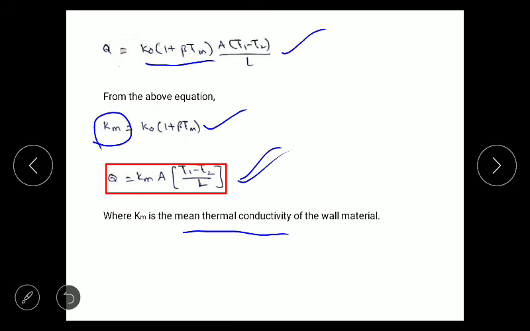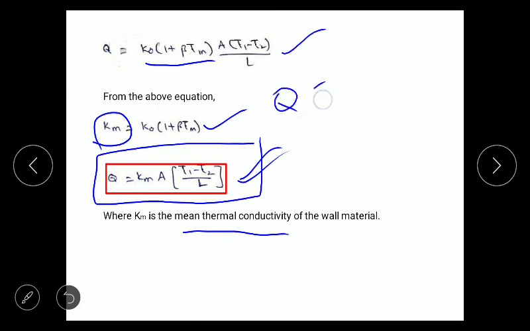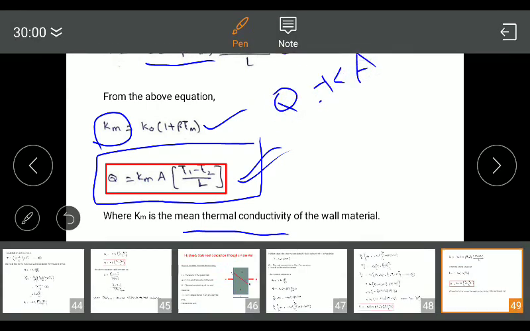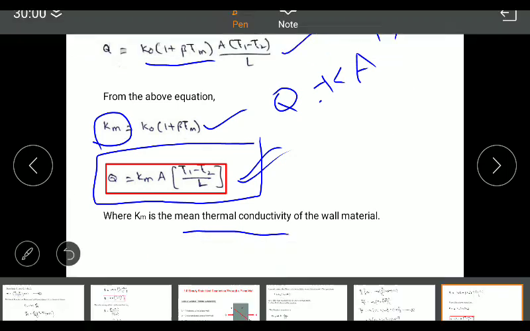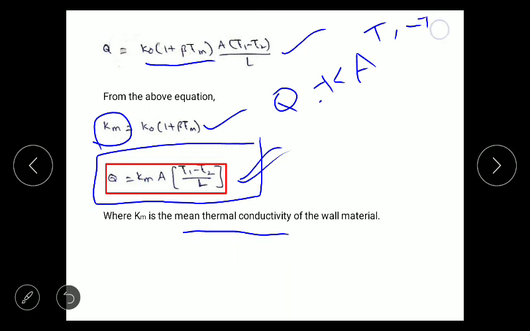Now see this equation, which resembles the final equation that we obtained for the first case. Right, for the first case we obtained the equation Q is equal to k into A into T1 minus T2 divided by L. In place of k we have km, which is the mean thermal conductivity.